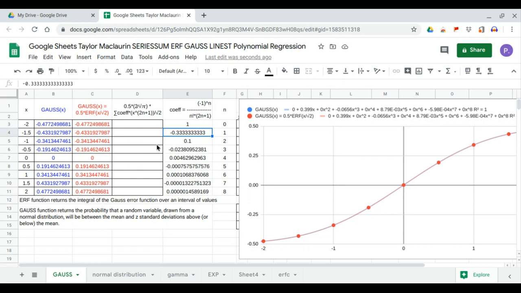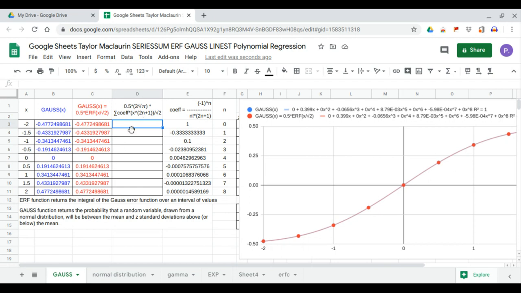Now we can calculate the Taylor Maclaurin series expansion. Let's begin with the error function first. So it is this 2 over square root of pi times the coefficient x to the power 2n plus 1. We already have the coefficient.